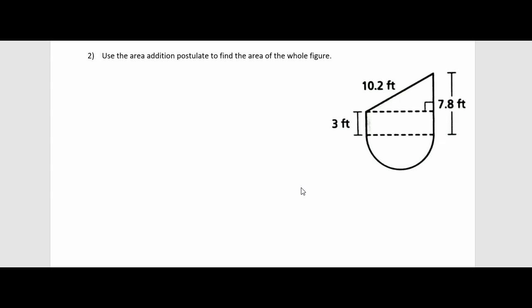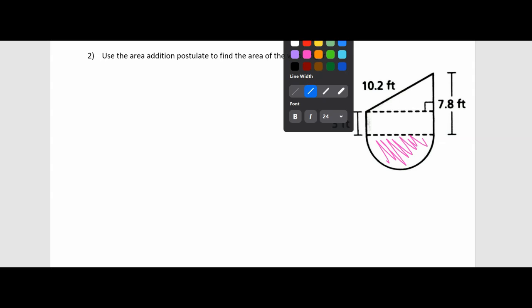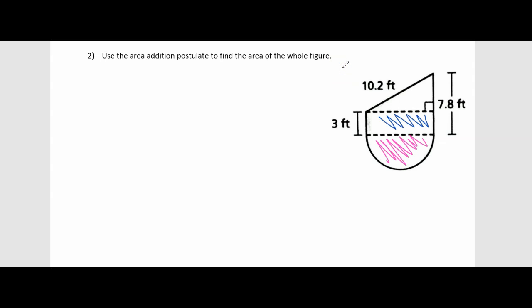Okay, so it looks like we have 3 different shapes here that we can find the individual areas of. We have this half circle, we have a rectangle, and we have a triangle.